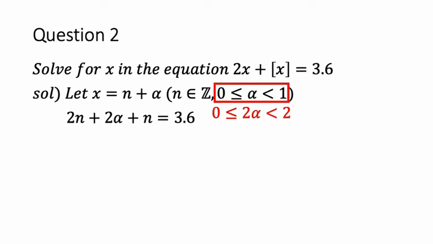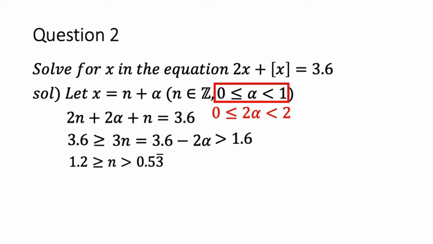We can rewrite the equation to 3n equals 3.6 minus 2 alpha. Because of this definition, we can get that this is between 1.6 and 3.6. That means 3n is between 1.6 and 3.6, so n is between 0.53 and 1.2. This means that n equals 1, alpha equals 0.3, and x equals 1.3. And this is how we solve our second question.